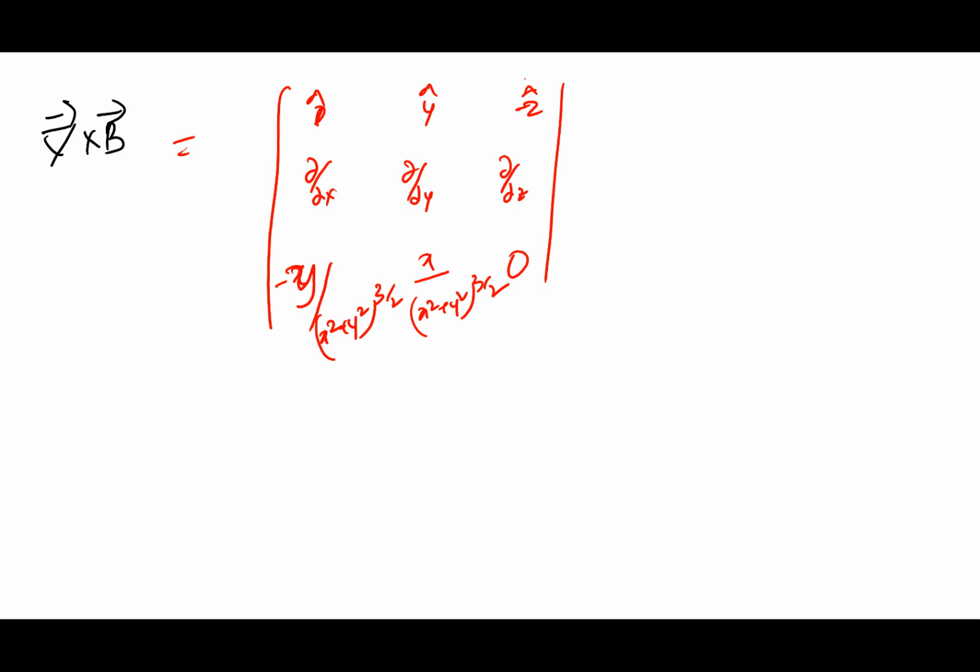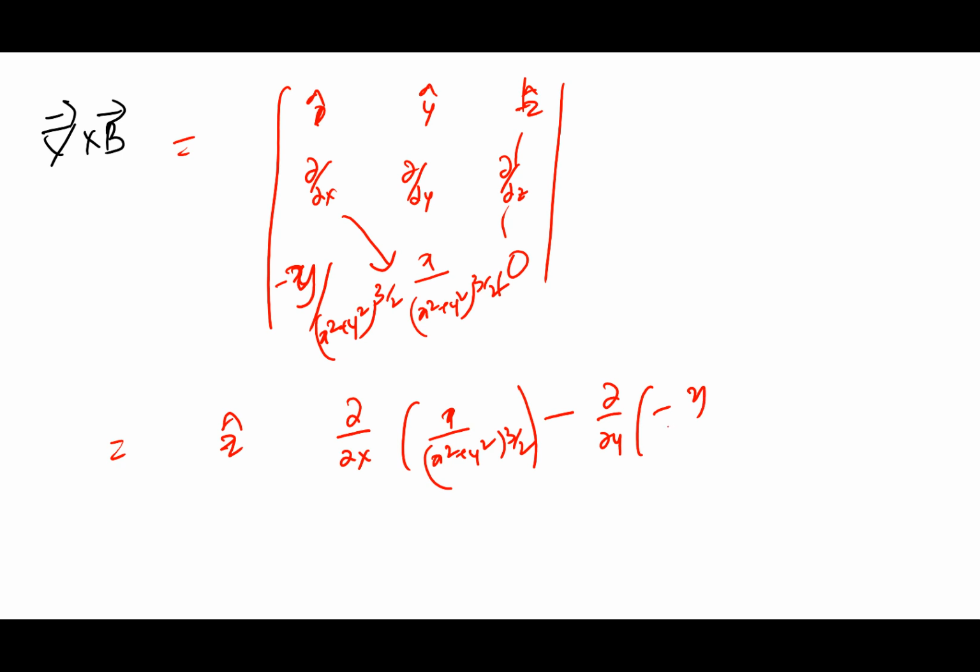So if I take the z, then I have dou by dou x of x over x squared plus y squared whole to the power 3 by 2 minus dou by dou y of minus y over x squared plus y squared to the power 3 by 2, right?